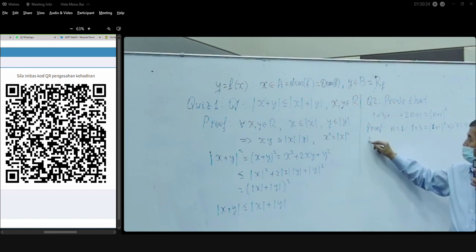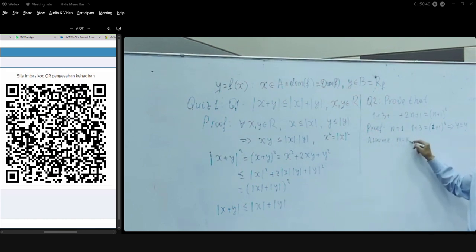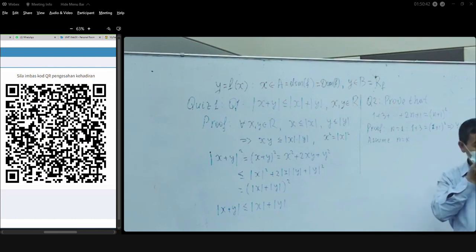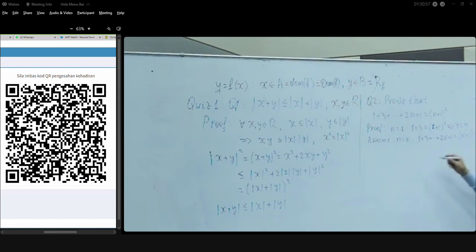Assume, but here also many students didn't do the proof. Assume n equal to k is correct. For n equal to k correct, it means 1 plus 3 plus and so on plus 2k plus 1 equals (k plus 1) square. Because for each step I am giving marks.